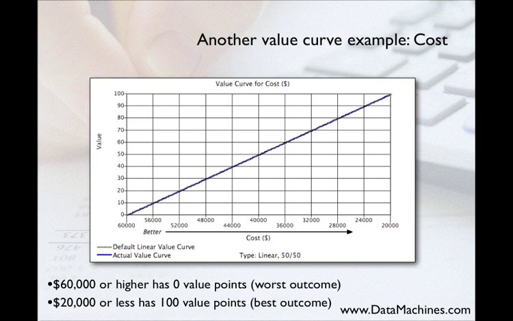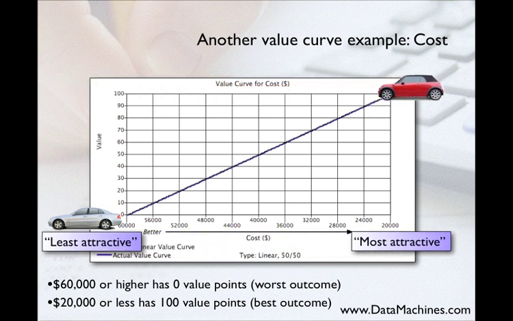Here is another example. This one is for the attribute called cost. In this case, cars priced at $60,000 or more earn no value points for cost, and cars priced at $20,000 or less earn 100 value points for cost. Of course, there are cars that cost more than $60,000 and there are cars that cost less than $20,000. But this chart reflects this buyer's preference that cars costing more than $60,000 and cars costing less than $20,000 will not be considered.